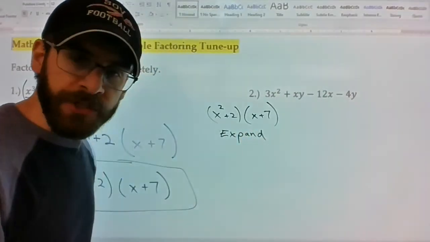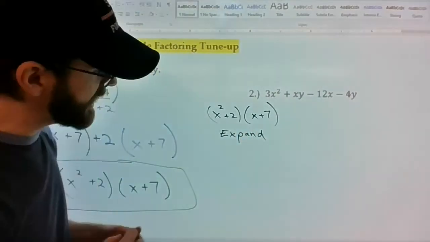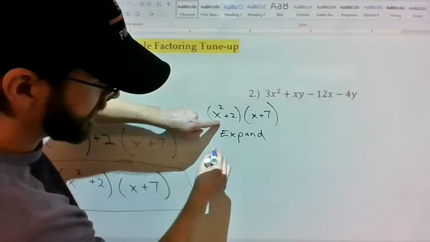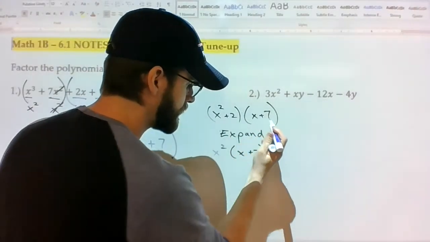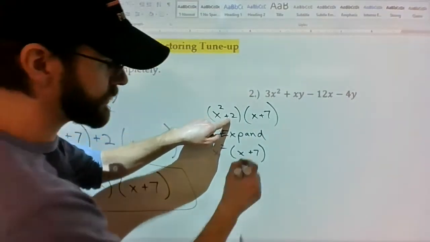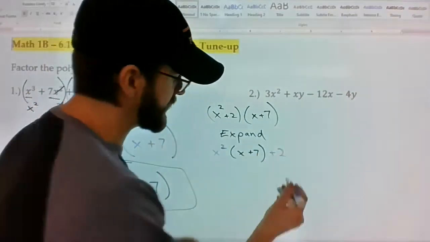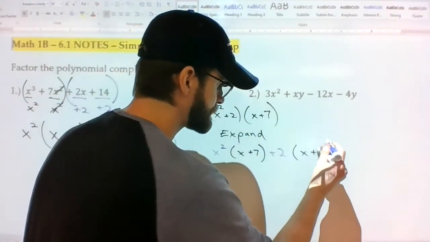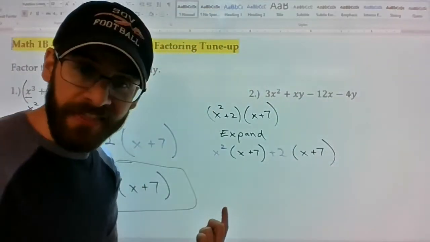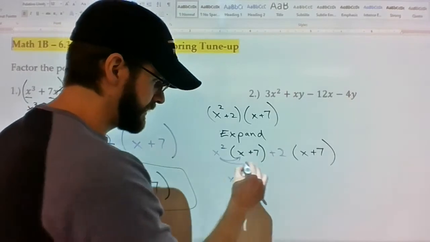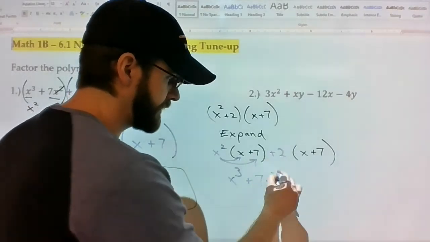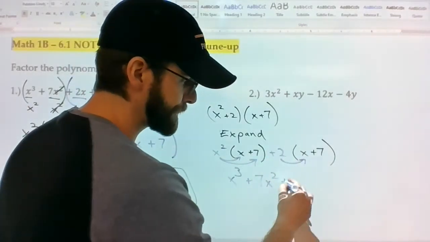the way I would do that is I would say, I'm taking x squared times x plus 7, and I'm taking a positive 2 also times x plus 7. Beyond that, you would multiply the x squared through, and you'd multiply the 2 through.